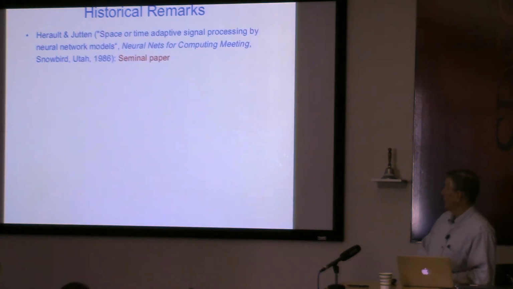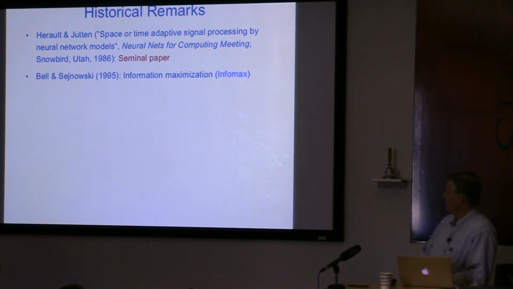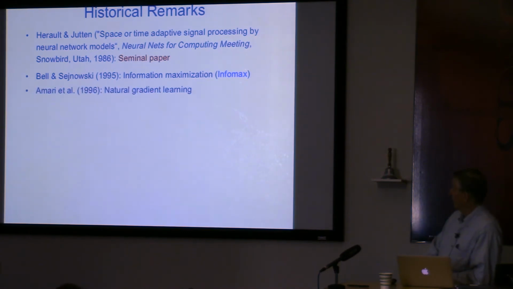So ICA was hinted at in a paper in '86 by two French mathematical engineers. Bell and Sejnowski's paper that I read, about the infomax ICA approach, was '95. Amari made important theoretical contributions.